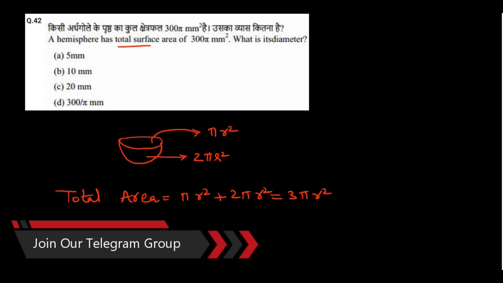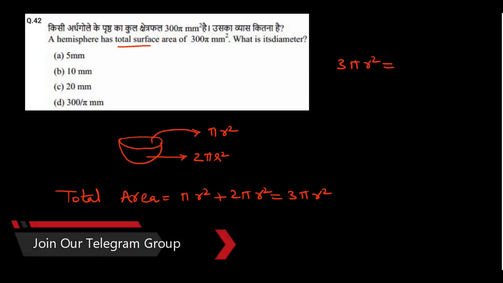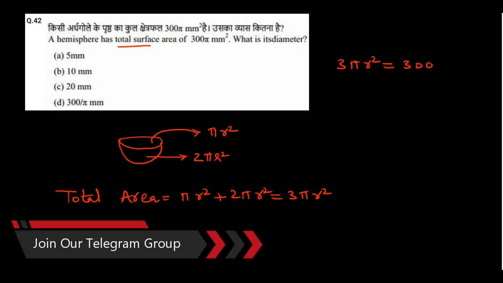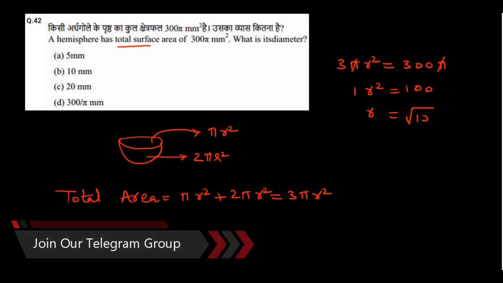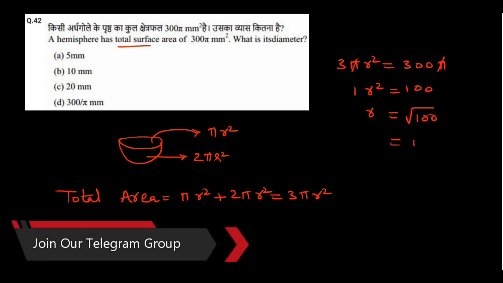Now substitute the values. So 3 pi r square equals 300 pi. Pi will cancel. If you divide left side and right side by 3, what you get? r square equals 100. So what is the value of r? If you take the square root of 100, we get r equal to 10.